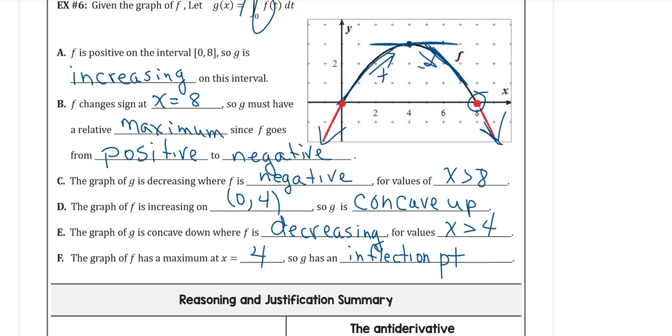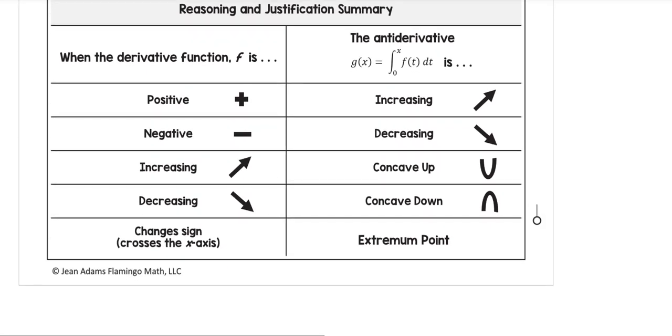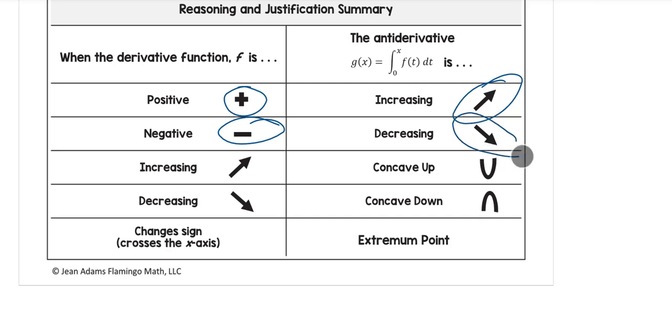Okay, so for the end, this is a summary of our justification. When the derivative is positive, the antiderivative is going to be increasing. When the derivative is negative, the antiderivative is decreasing. And when that derivative is increasing itself, we have a concave up antiderivative.